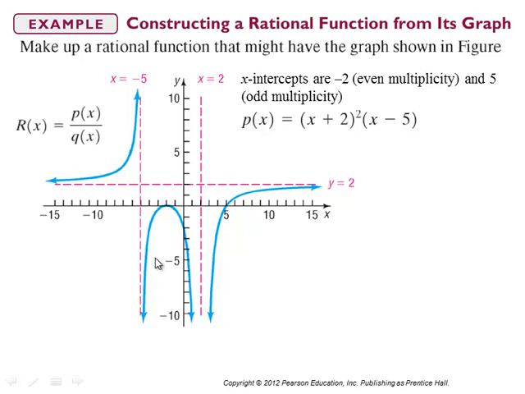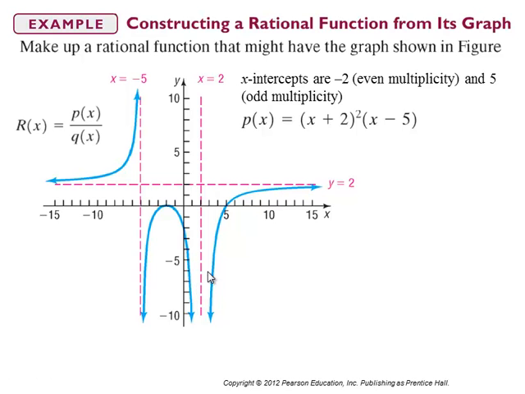So that means that in the denominator, q of x here, x minus -5, in other words x plus 5, will have an odd multiplicity, an odd power. But for the vertical asymptote at x equals 2, you see that as x approaches 2 from the right and from the left, the graph will go to negative infinity.